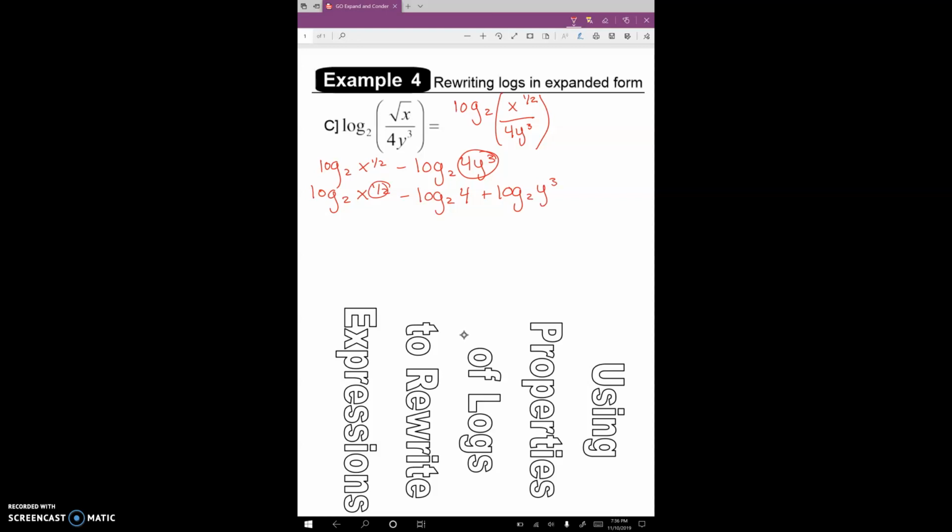I have powers, so that means the powers go in the front. Plus 3 log 2y.